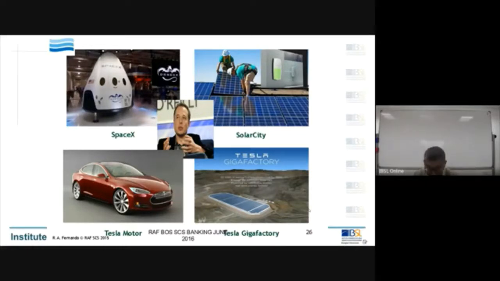He worked out the number of cars he needed to manufacture in order to fund it, and said 500,000 Tesla cars were going to be manufactured in this new factory. For that, to build this gigafactory, he wanted money.